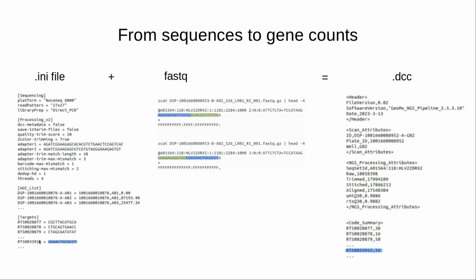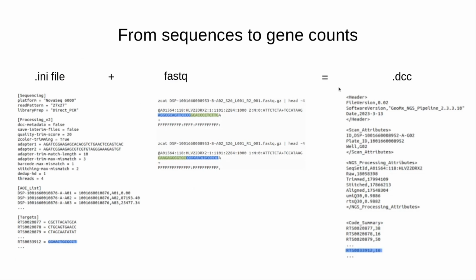So this ini file has a translation from the RTS ID that was reflecting the probe that bound the target, and then an ID that tells us which probe it is and what gene that is.